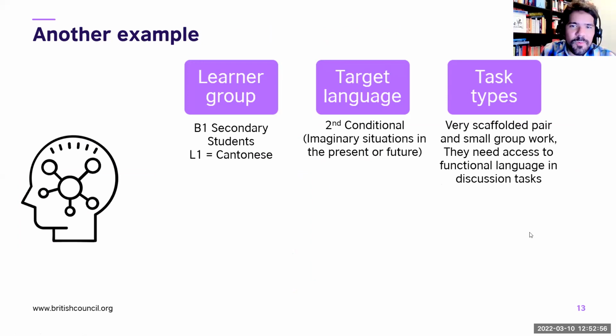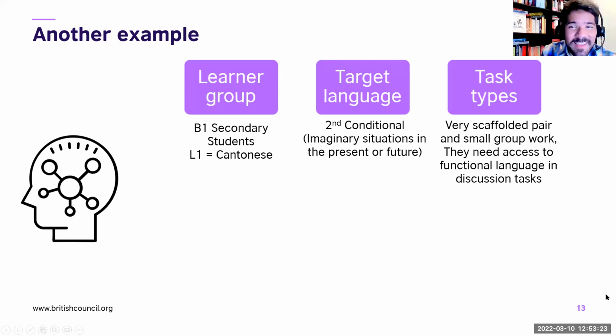The target language was second conditional, and it's imaginary situations in the present or the future, like, if I drank water now, I would satisfy my thirst, or whatever. I have an example here.